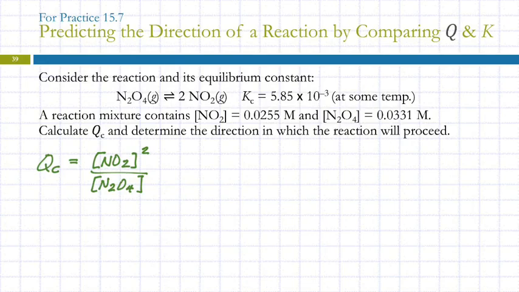So to calculate QC, I'm just going to plug in the current concentrations. So I'm told that NO2 is 0.255, and that's squared, and N2O4 is 0.0331.